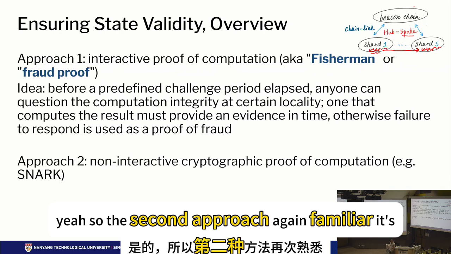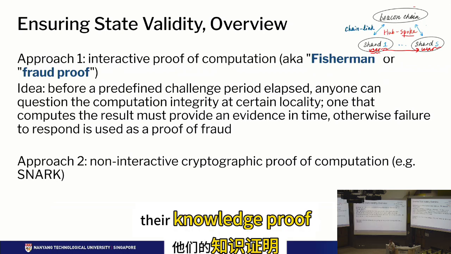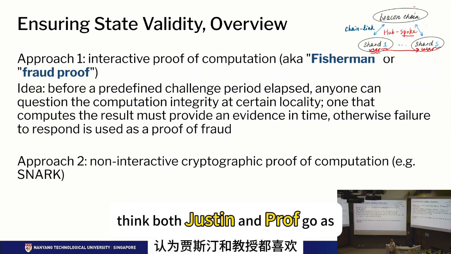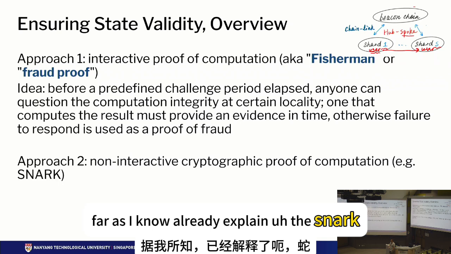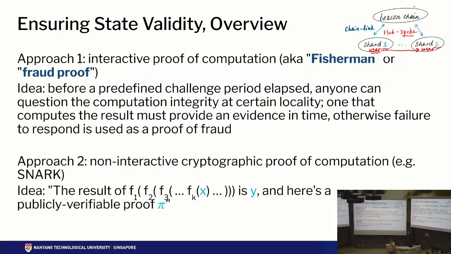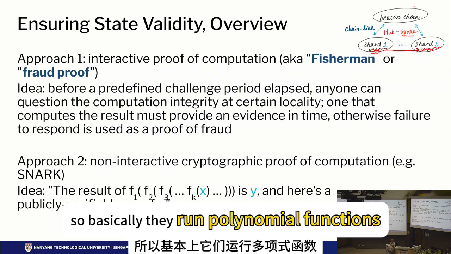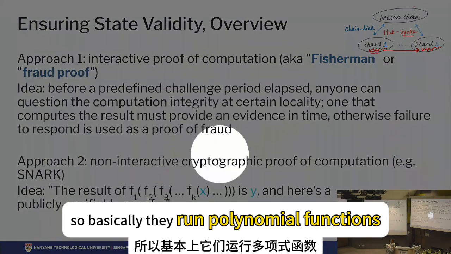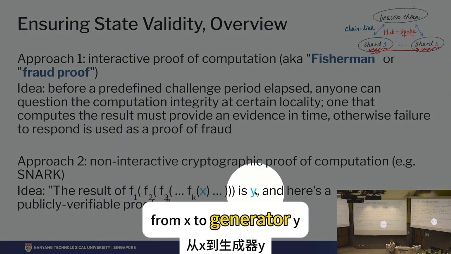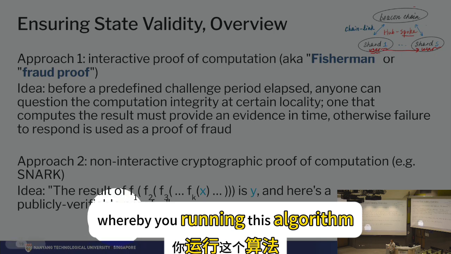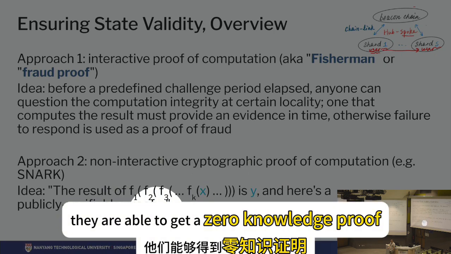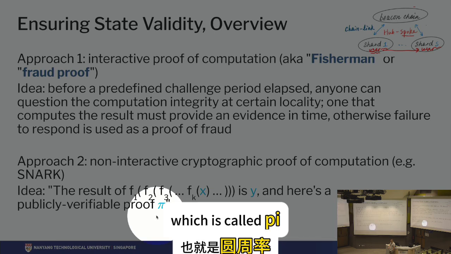Yeah, so the second approach, again, familiar. It's zero knowledge proof. I think both Justin and Prof. Guo, as far as I know, already explained the SNARK. Basically, they run polynomial functions from X to generate a Y, where by running this algorithm, they are able to get a zero knowledge proof, which is called pi.